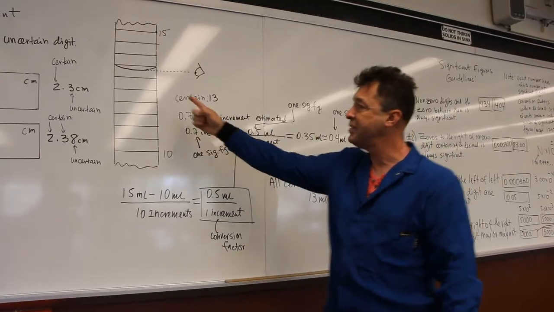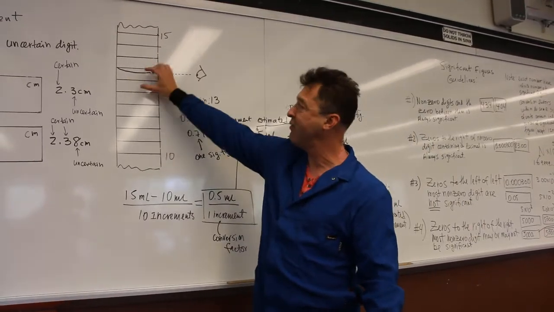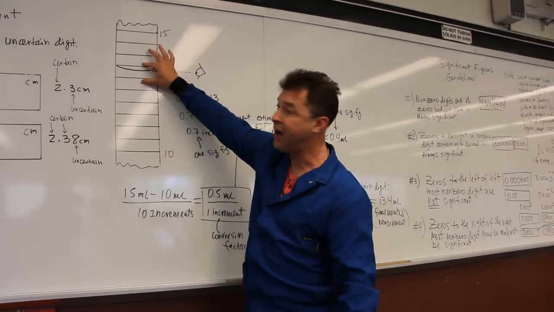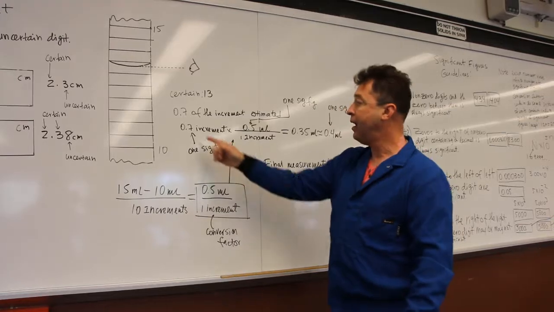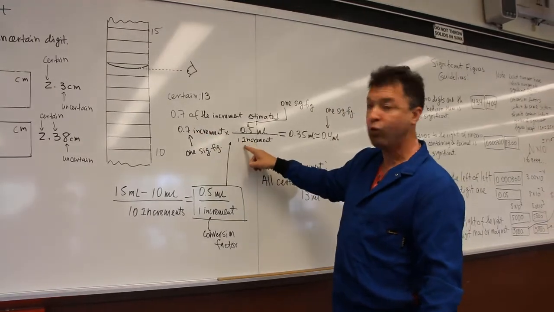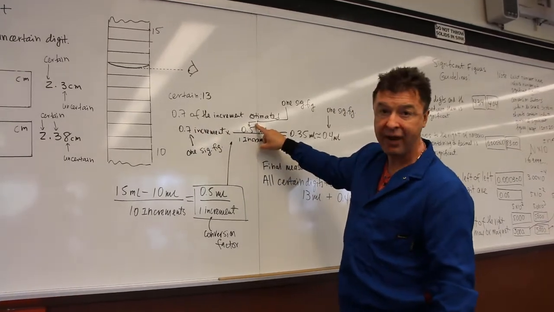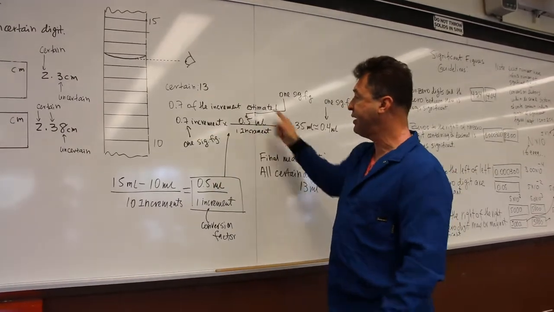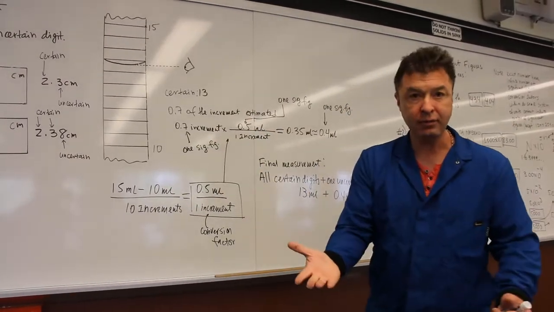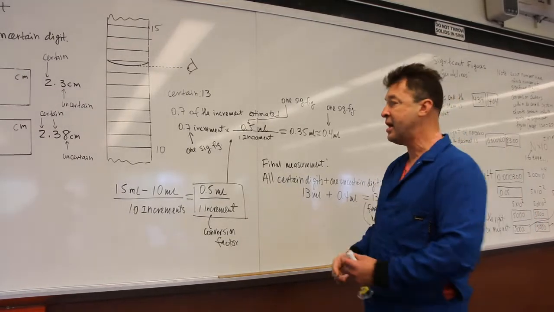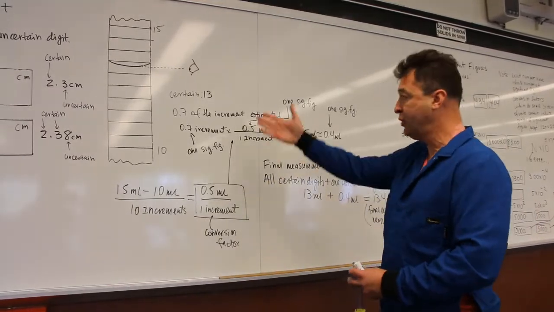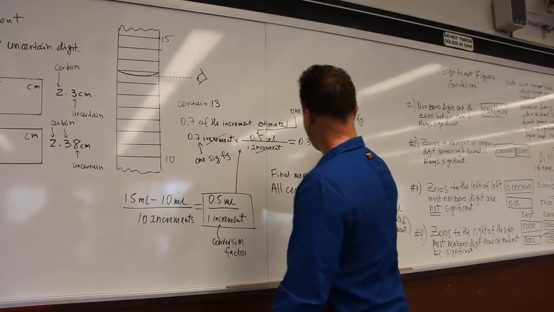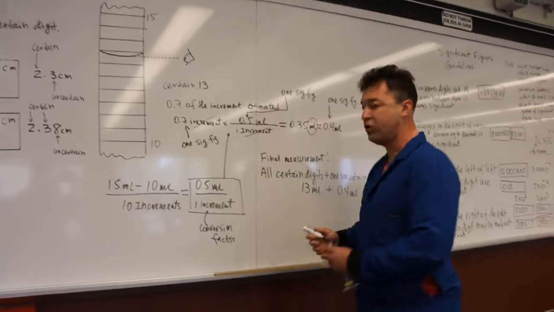I estimated about 0.7 of an increment here, and I know that one increment contains 0.5 ml. I just determined it, and this can also be looked at as a ratio and proportion, by the way. I will teach you how to do these conversions in the next video. Of course the same unit, increment, will cancel and the new unit will emerge, guys.